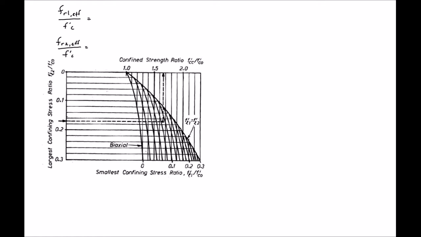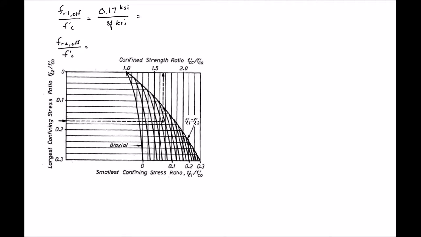We next need to normalize both of our FR1 effective and FR2 effective by our concrete compressive strength so that we can enter into the plot by Mander. So we'll have our normalized stress here being 0.17 KSI divided by our F prime C, which we were given as 4 KSI.